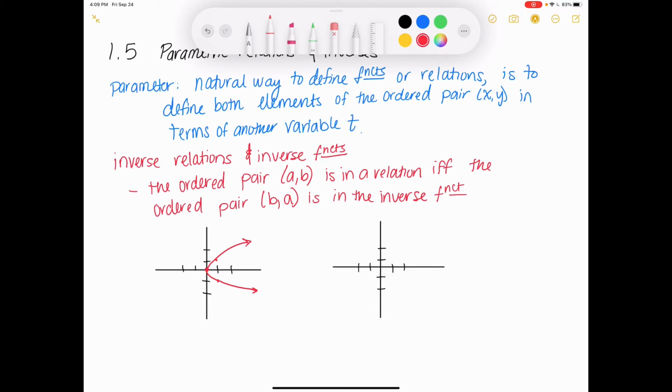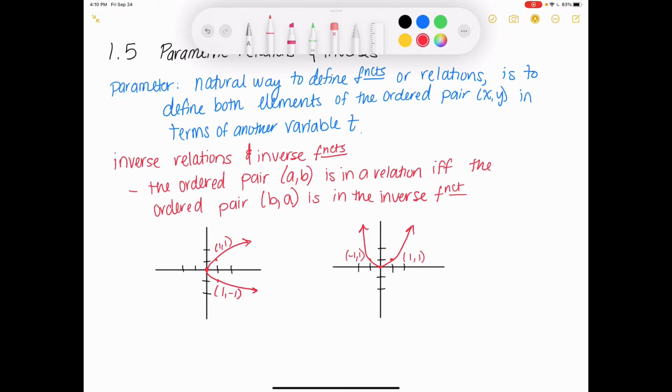And then over here, I'm going to have these ones. So I've got the point (1, 1) and the point (1, -1). And then over here, I've got (1, 1) and (-1, 1).